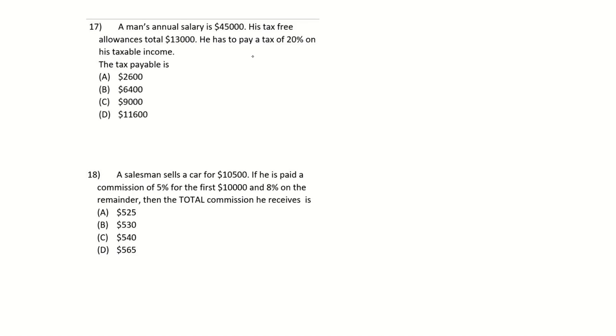His taxable income, that is how much tax you're paying on, would be 45,000, that's how much he's totally getting, minus his tax-free allowance of 13,000. When you subtract this, you're going to get 32,000.